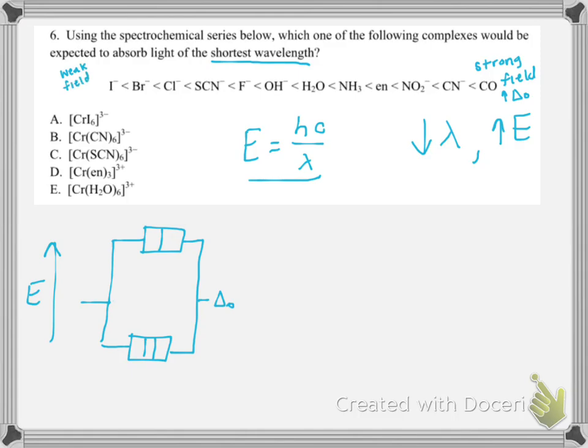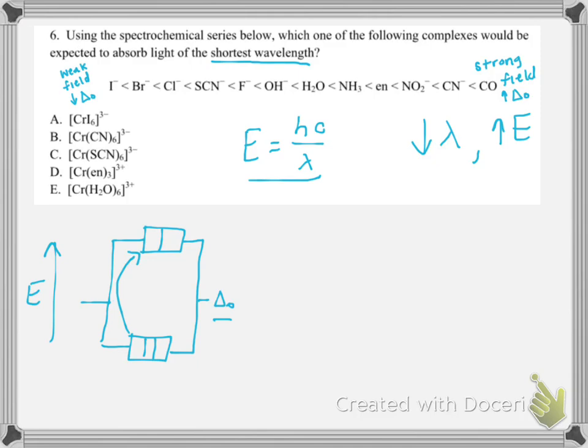And they'll have a smaller delta. And this delta refers to the energy gap between our two sets of d orbitals. And it tells us how much energy it would take to promote an electron from one to the higher level.